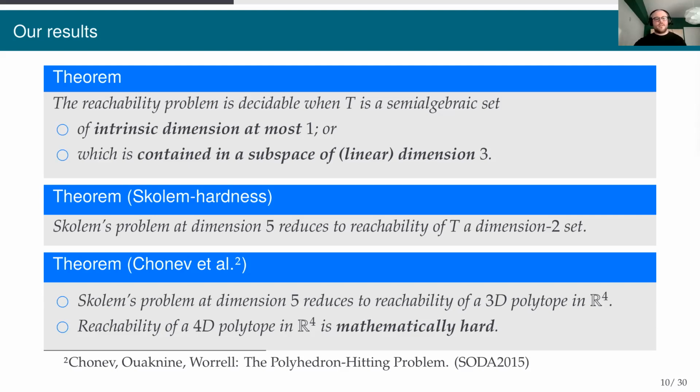And then the mathematically hard problem is the reachability of a 4D polytope in ambient dimension 4. This mathematically hard means that, essentially, it's this positivity hardness. So you'll be deciding the positivity problem.